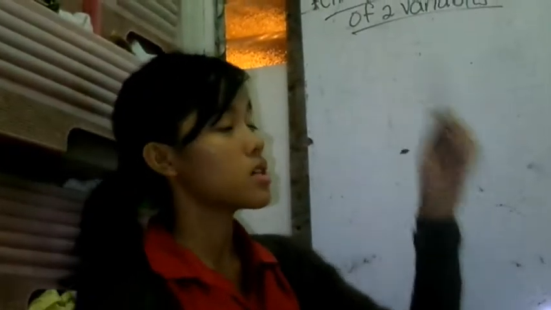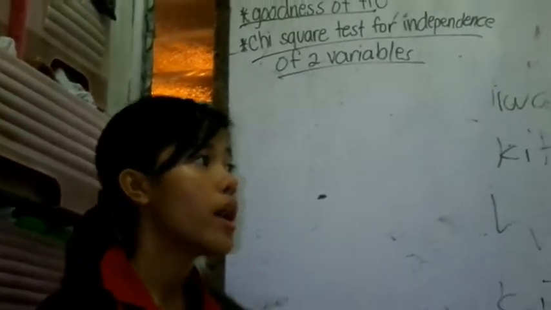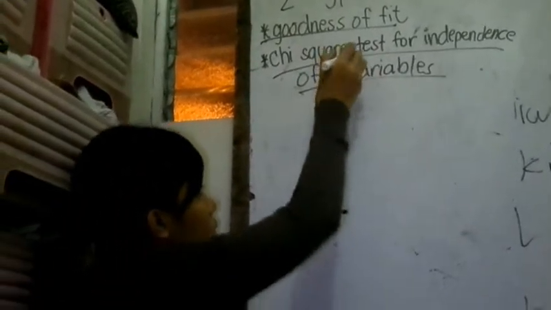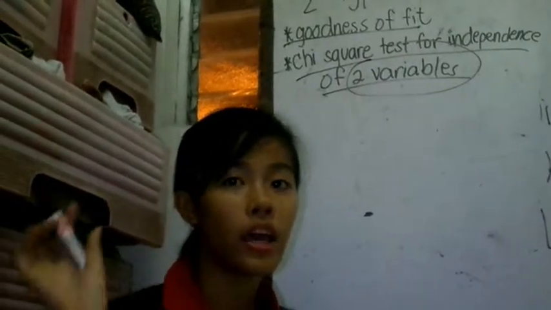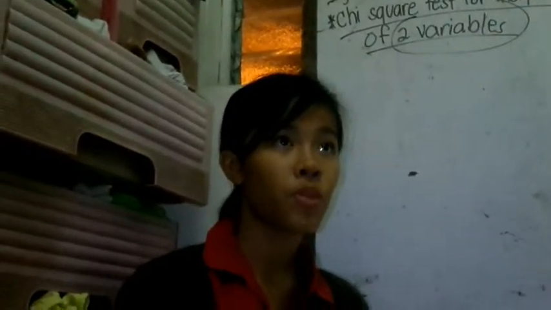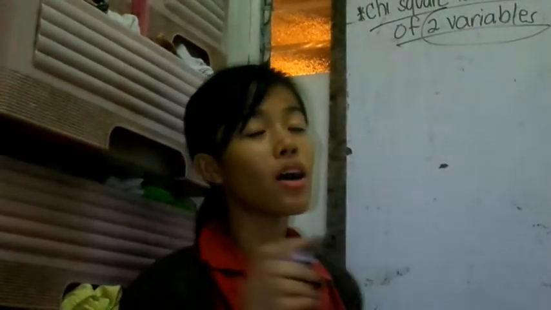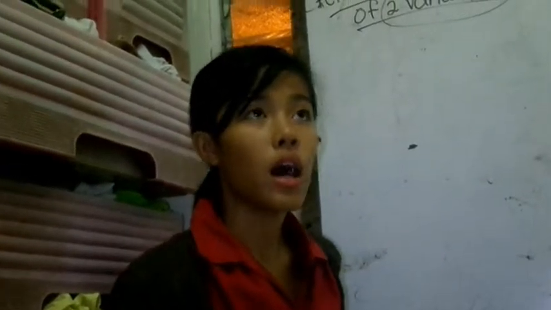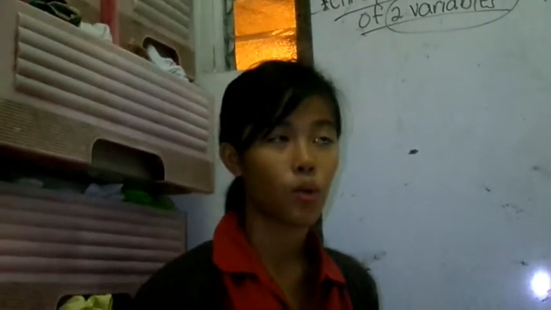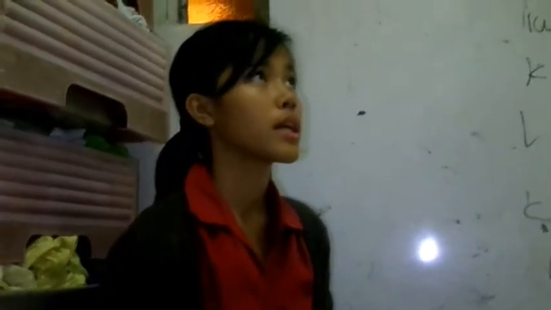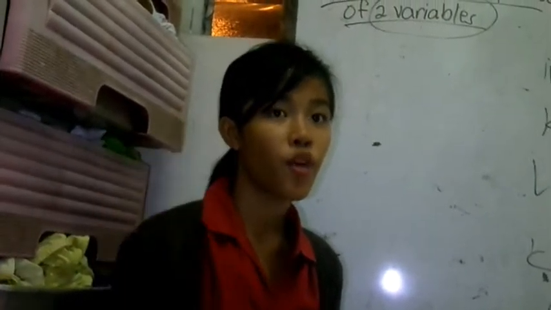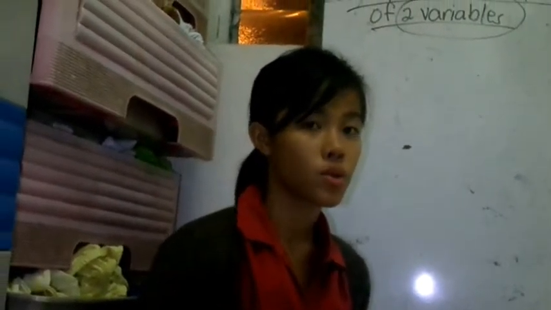So this also lets us know if the two variables have a relationship between them. All in all, chi-square is the most useful and the most widely used tool in statistical work.